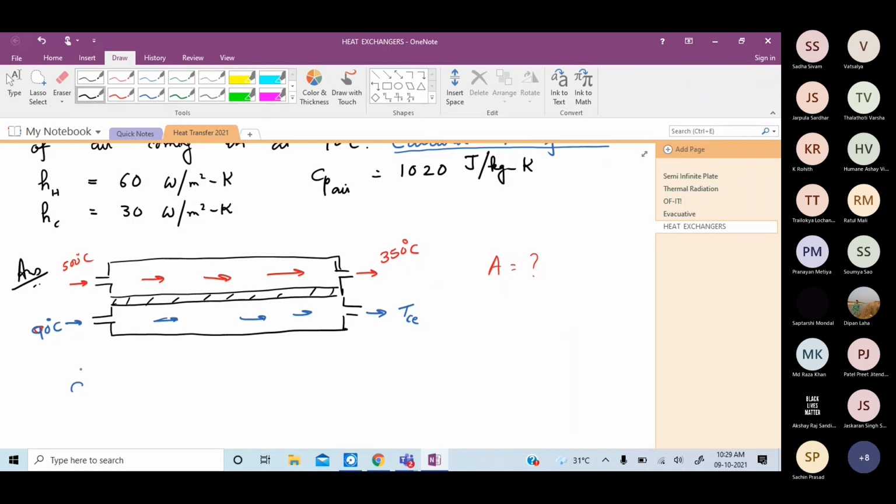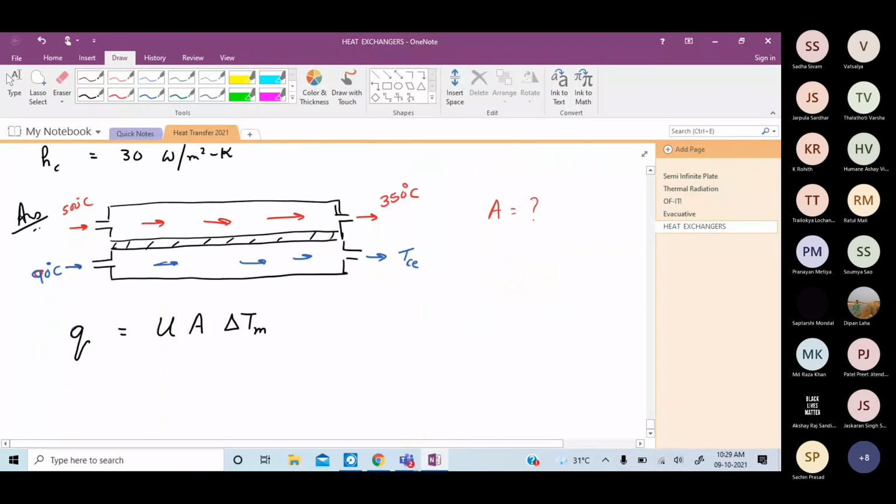I need to find A, and for A, what is the expression that we know? Q is equal to U, the overall heat transfer coefficient, times A times delta Tm. So this is my equation from where I can find A, provided I know everything else. Do I know everything else?